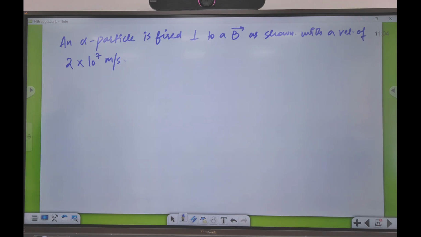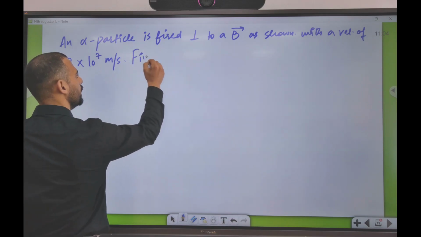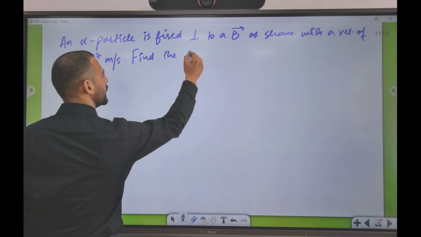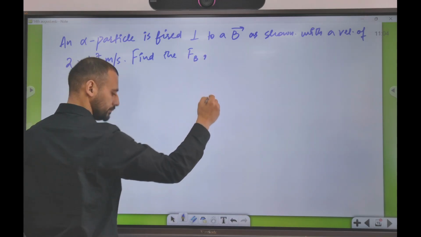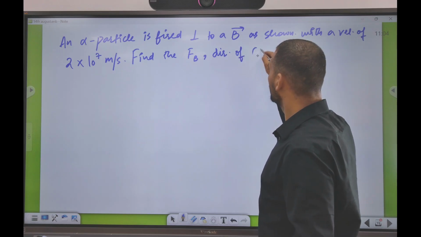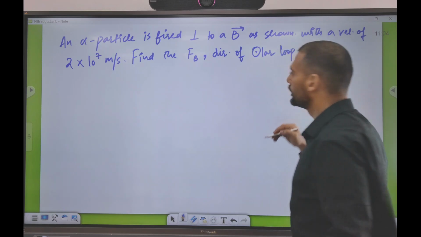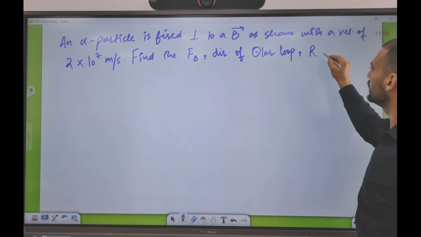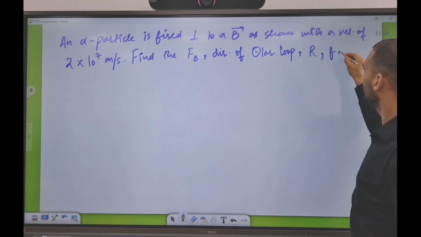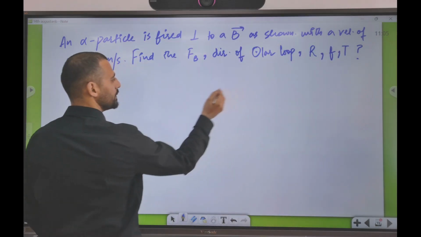Fine? Find the magnetic force, direction of circular loop, the radius, frequency, and the time period. The diagram is this.